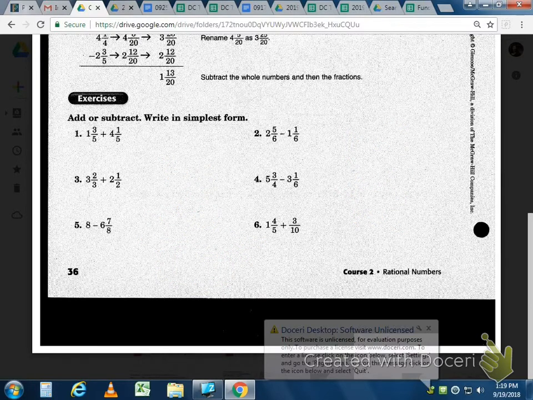Let's look at number 4. So 5 3/4 minus 3 1/6. It looks like this one's going to need to be rewritten. Who would like to try that hasn't already done a problem? 5 3/4 minus 3 1/6. Liam, what's my denominator going to be? 24.